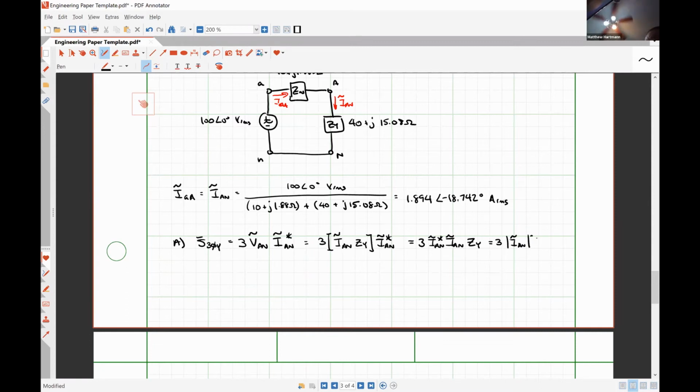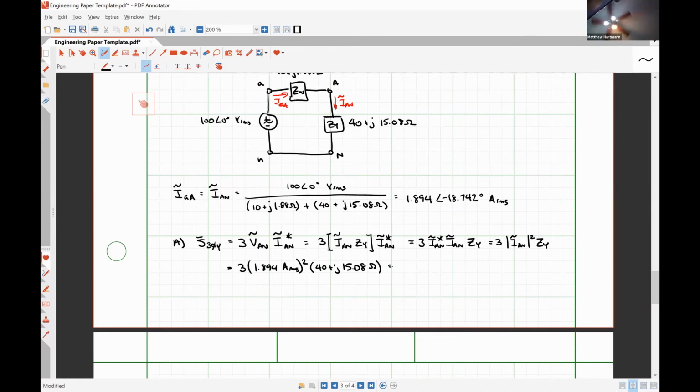So that's the magnitude of IAN squared times ZY. That's going to be 3 times 1.894 amps RMS squared times ZY, which is 40 plus J 15.08 ohms.